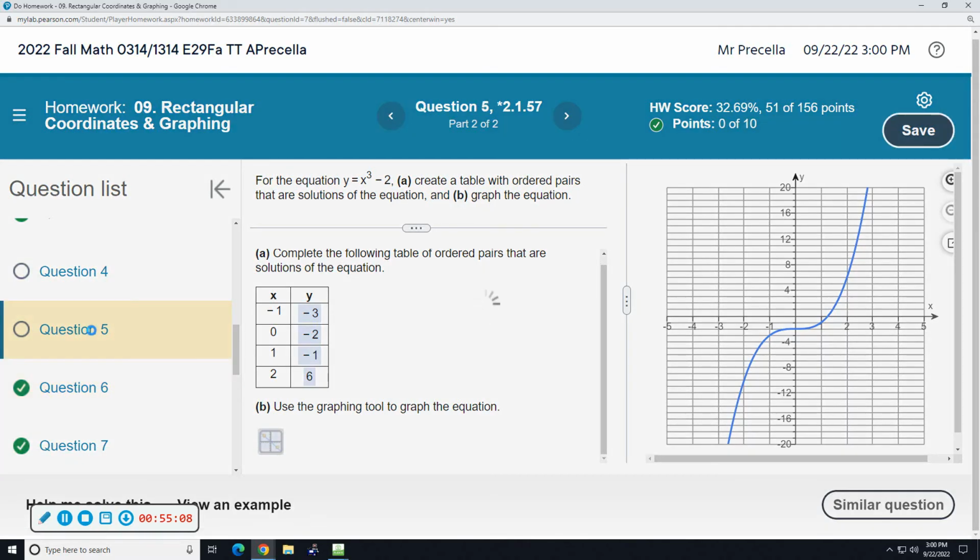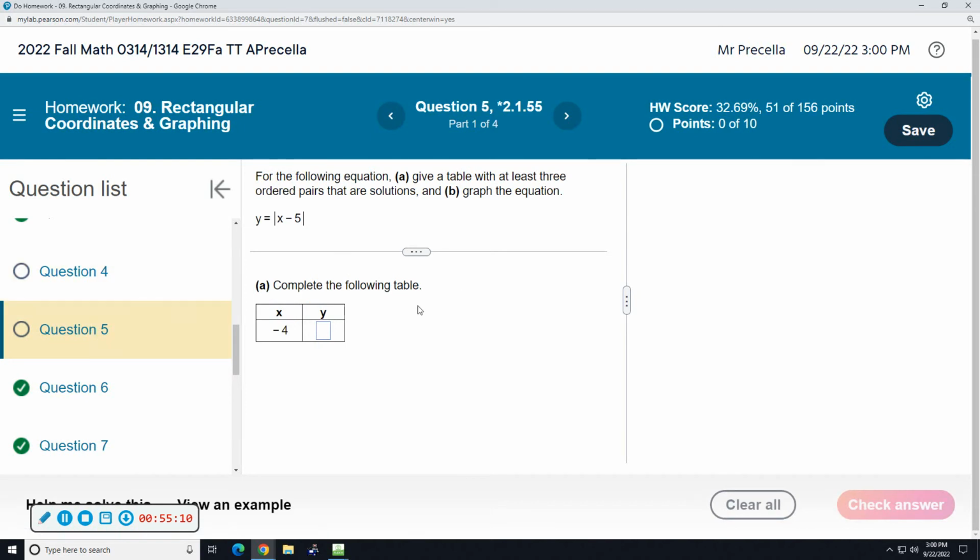So let's look at number 5. Okay. Here's an equation, y equals the absolute value of x minus 5. Now, in this one, they're giving you a table to complete. The next one they won't, okay? But you have to get that vertex. You have to know where that low point or high point is going to occur.